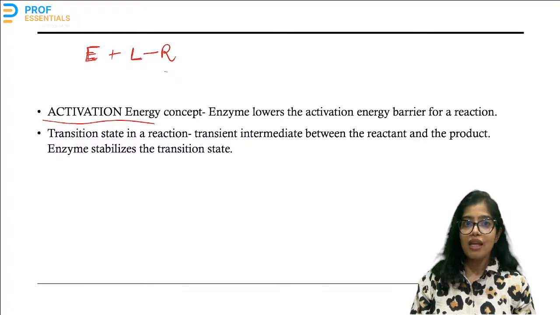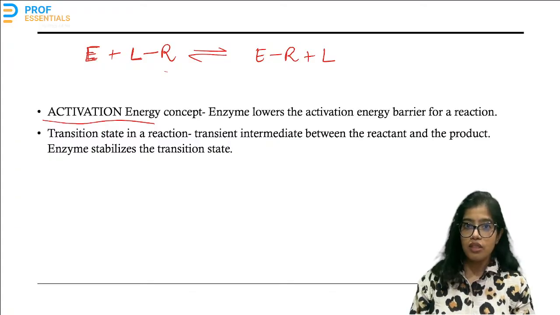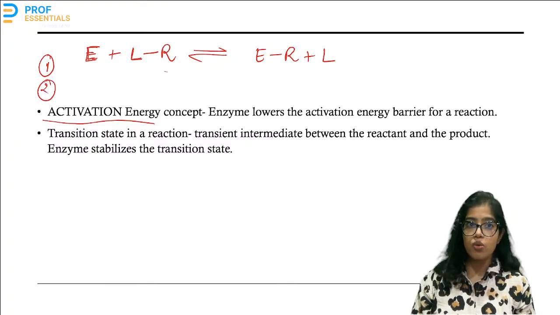Once the entering unit and leaving unit combine, the result is going to be this. The leaving unit will go. But before the product is formed, this is actually occurring in a two-step reaction. We read all this in the earlier session, so I'm just revising it. If you're not understanding what the entering unit or the leaving unit is, you can go back to the first part of enzymes.